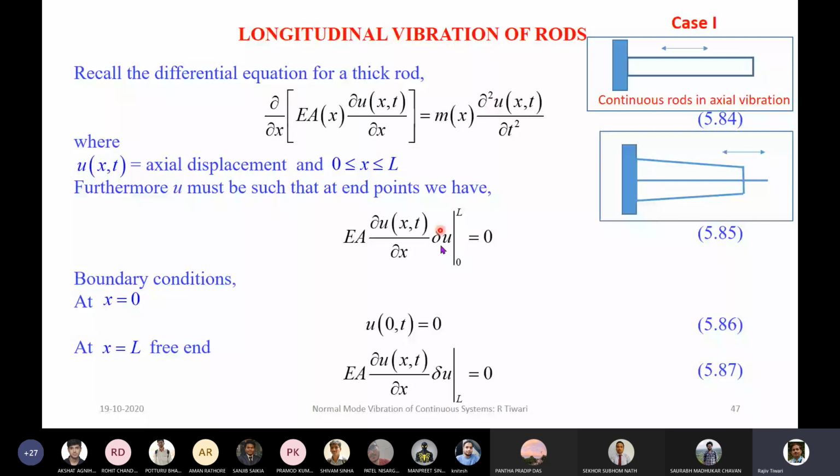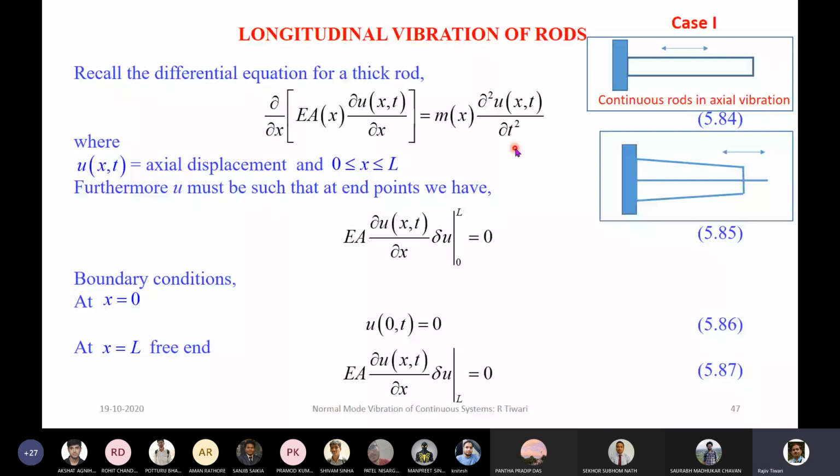in which we had this as the axial force, and this is the displacement variation at x is equal to 0 and x is equal to L. So this is the boundary value problem. This is the governing equation. This is the associated boundary condition which we need to satisfy when we solve this equation.